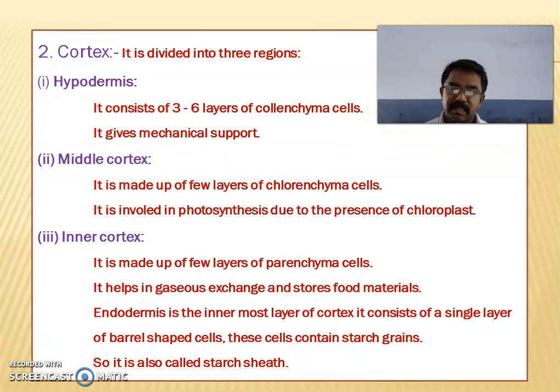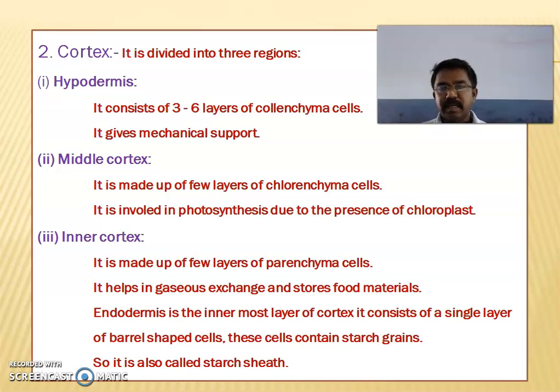Next, cortex. It is divided into three regions: hypodermis, middle cortex, inner cortex. First, we discuss the hypodermis. It consists of 3 to 6 layers of collenchyma cells.